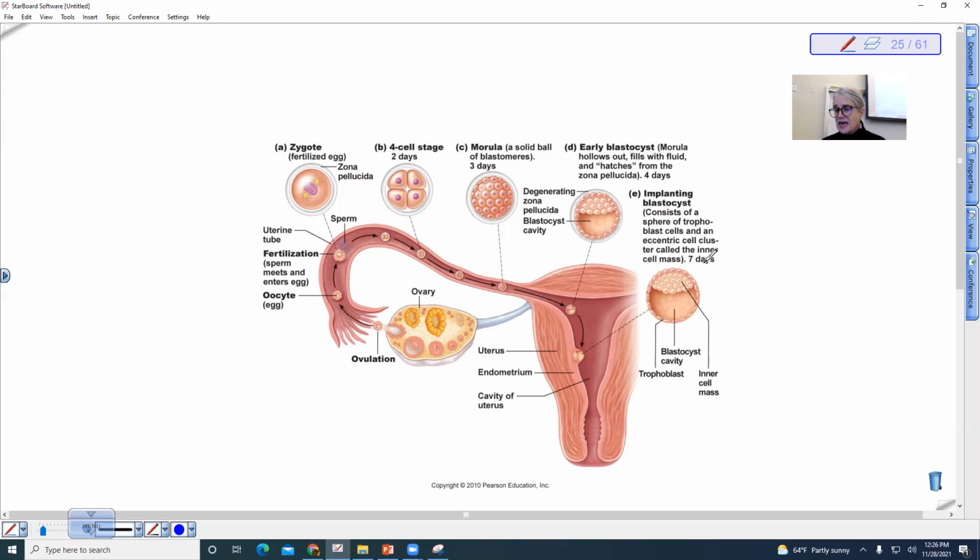So at about 7 days, we now have the implantation of the embryo. So the blastocyst breaks free from the fertilization membrane.